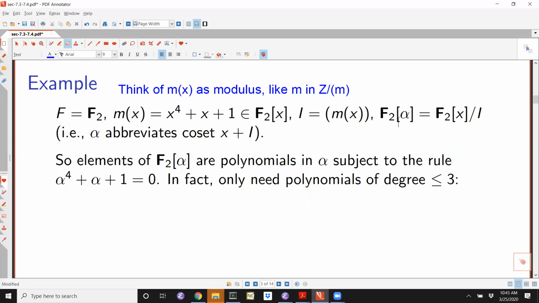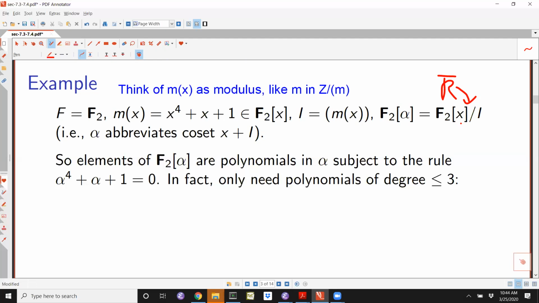And we let F2 bracket alpha represent the quotient ring. So this is our R bar, which is F2 bracket x mod I.